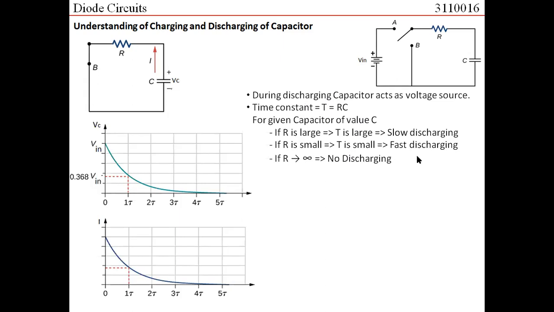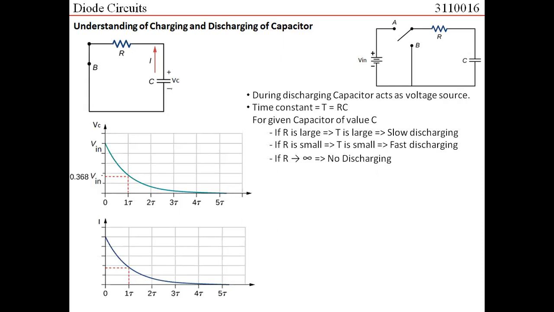If I again take an extreme case where I say that R is very large, tending to infinity, it means that T is very large. What does this mean? This means that the discharging time is very large, so there is very slow discharging, almost zero discharging. It means that the capacitor would retain the voltage Vc.